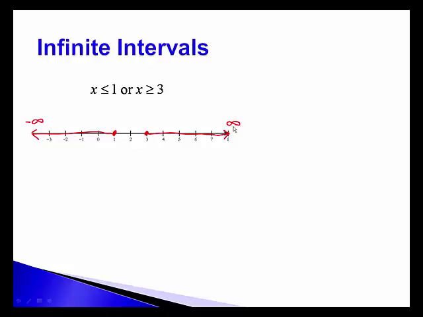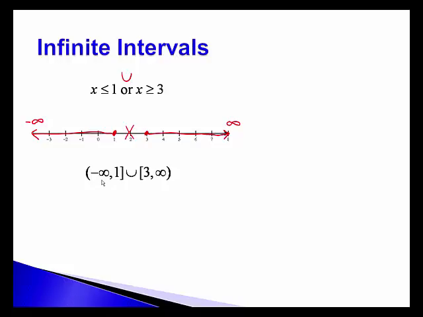I want you to notice that anytime we have a break, like we have right here, where the intervals are not connected, if there's a gap that is not shaded, then you will need to do the step I'm about to do. You will actually write this as two separate intervals and then connect them with the union symbol. Anytime you see the word or, the symbol that we'll use to connect our intervals is the union symbol. So let's look at what this would look like.